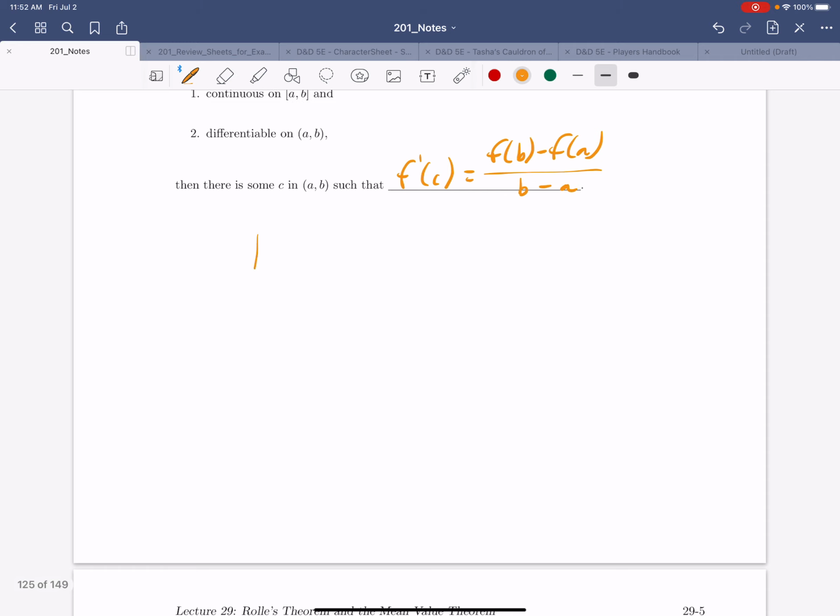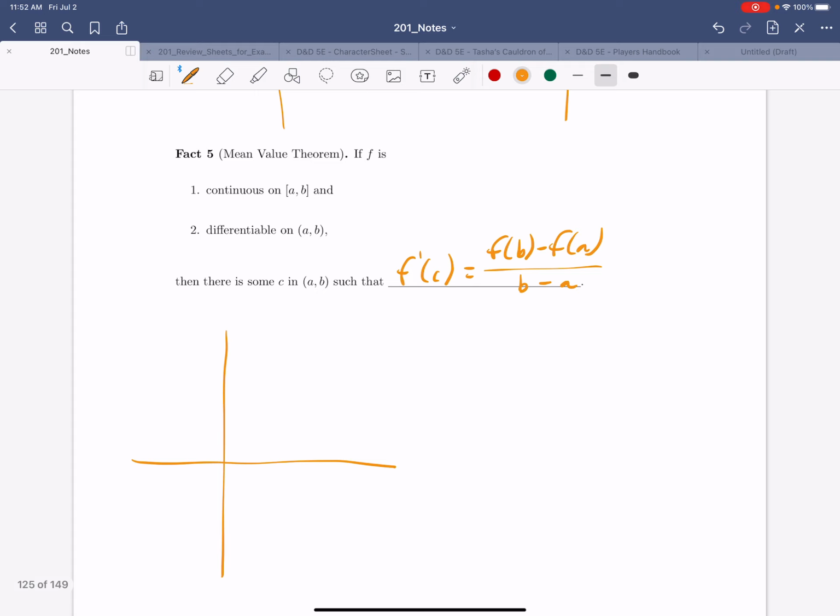So if we continue these illustrations that I had before, we had a and b, and we had a function that did something like that, right? That's what the graph looks like roughly. Maybe I'll try to be a little more slopey about that. That's the secant line, right?